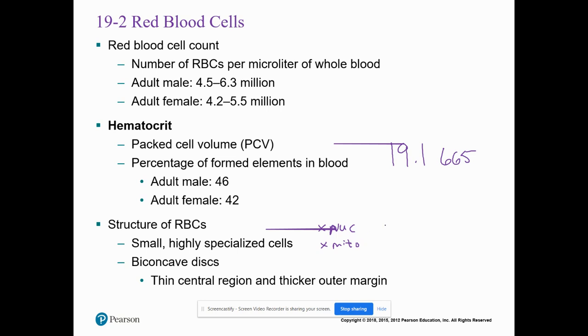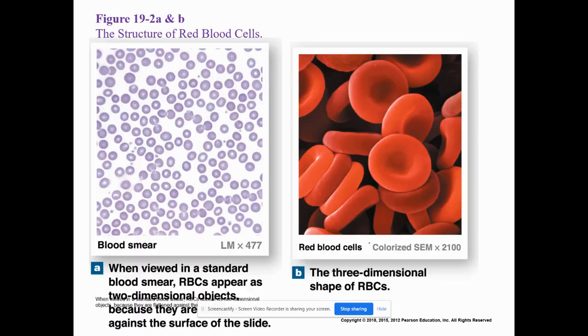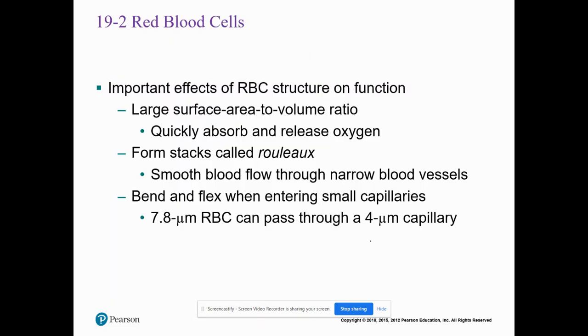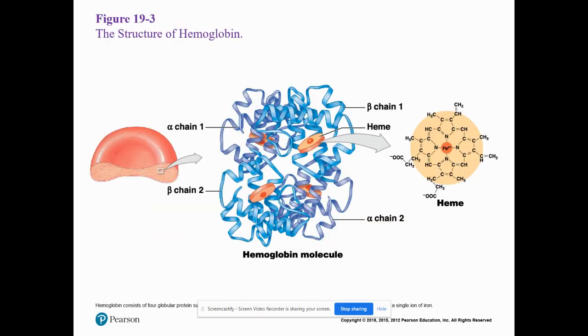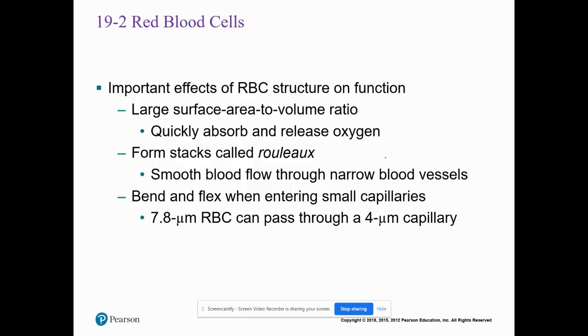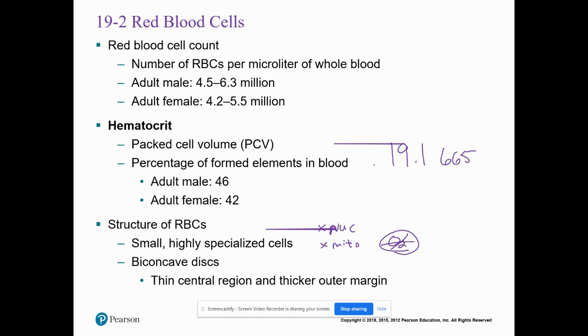Otherwise, if they had mitochondria, they would use up all the O2 before they even got to deliver it. So this is why they drop the mitochondria. The nucleus, they drop because when we get to the structures of these guys, they're so busy carrying the heme and alpha and beta globin chains that they don't have room for the nucleus. So that's why they drop these organelles, okay?